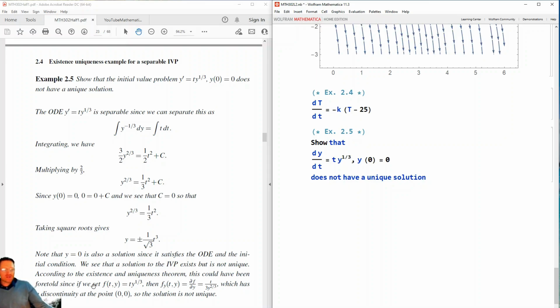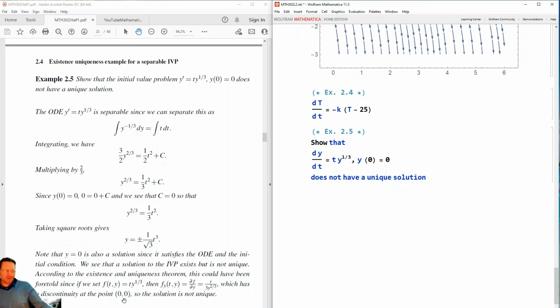Okay, now according to the existence and uniqueness theorem, this could have been foretold since if we set f of t, y equal to the right-hand side of this ODE and take partial derivatives, the partial derivative of f with respect to y is t over 3y to the 2/3, which has a discontinuity at the point 0, 0, or our initial condition.